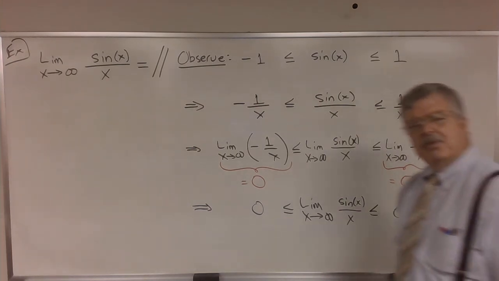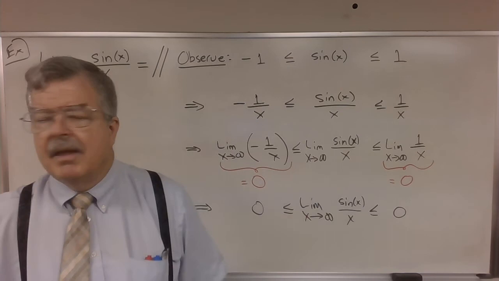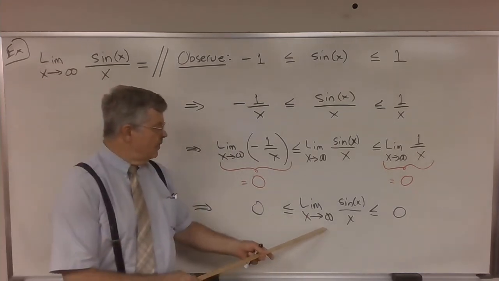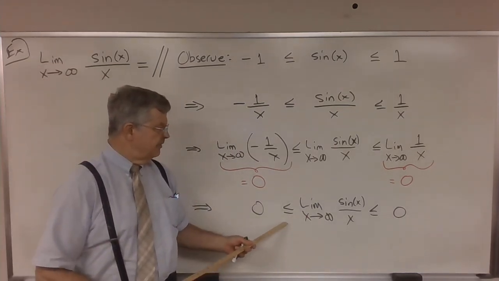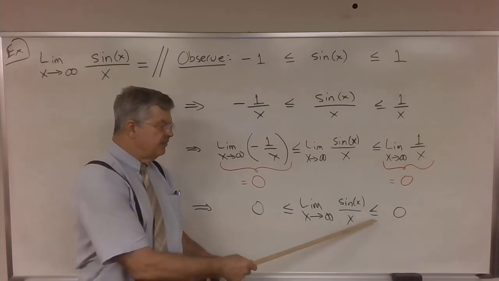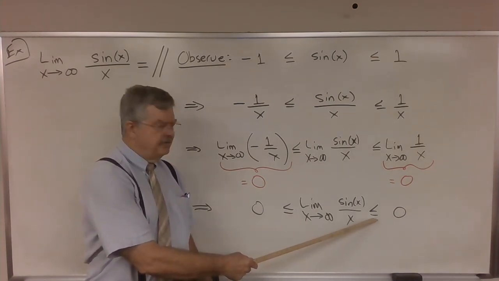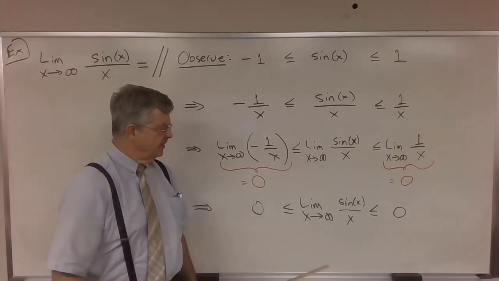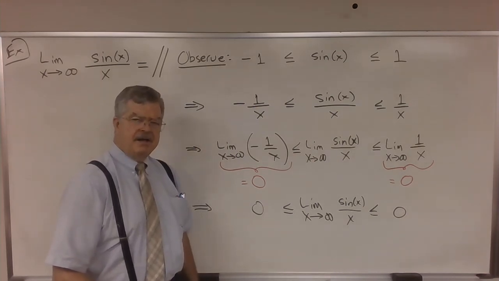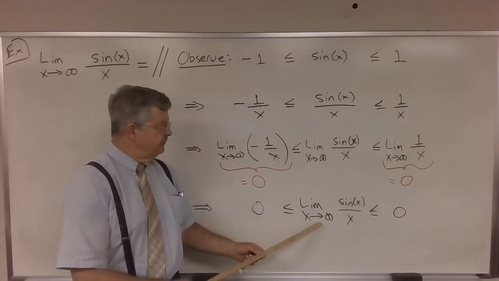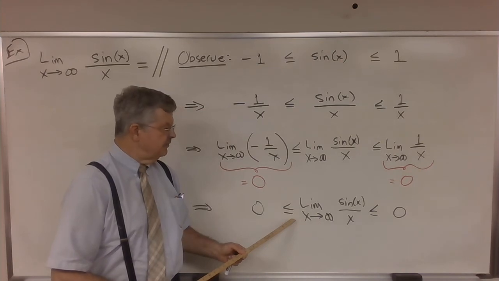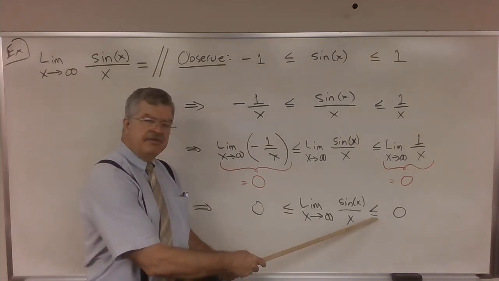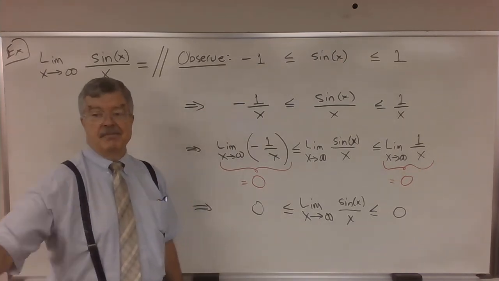Well, this is somewhat of an enigma. The expression that we want is greater than or equal to 0, but it's also less than or equal to 0. How is it possible for this thing to be greater than or equal to 0 and less than or equal to 0 at the same time?